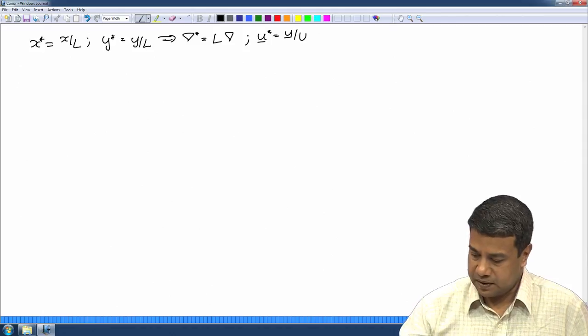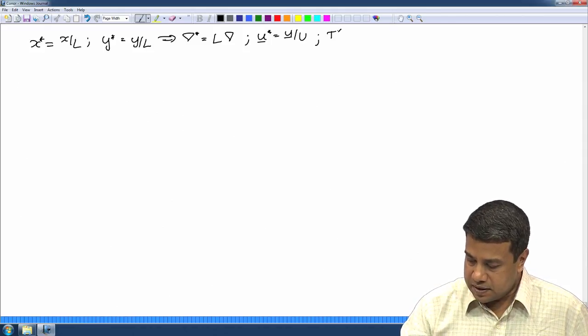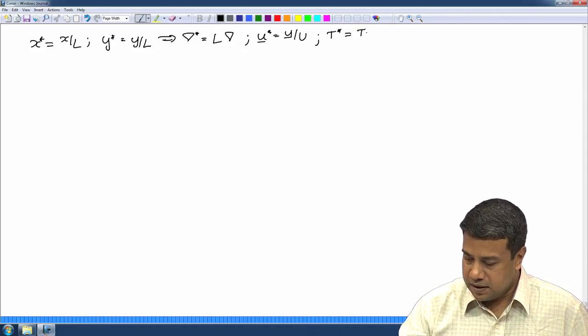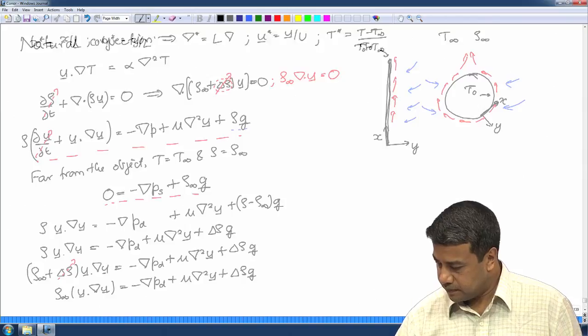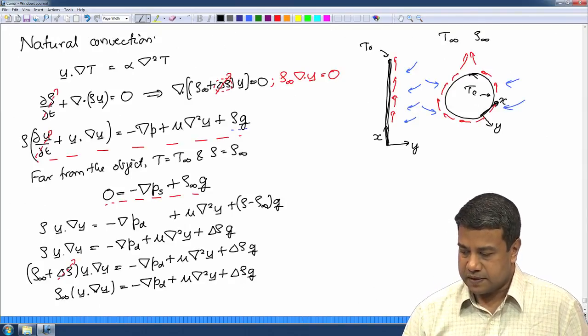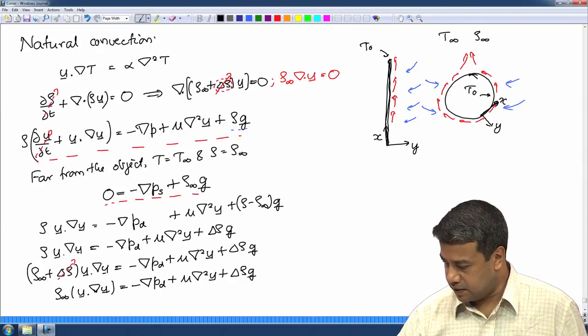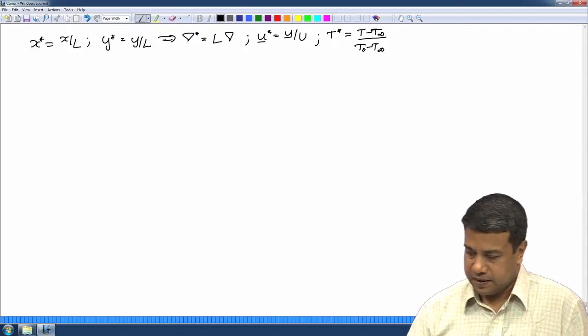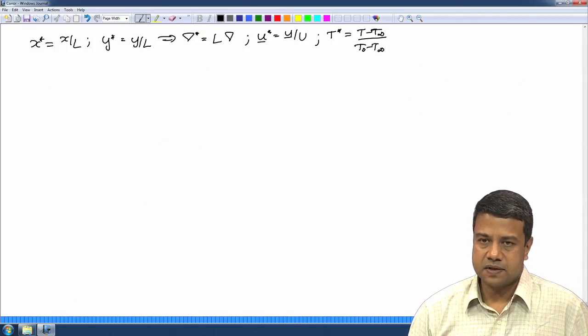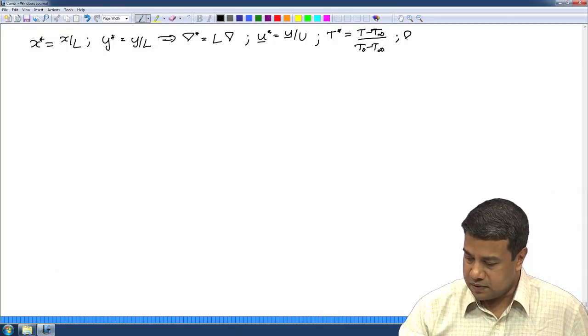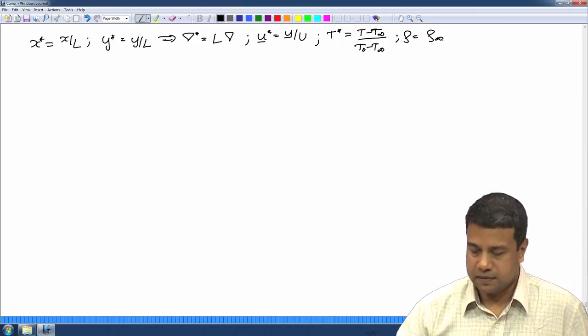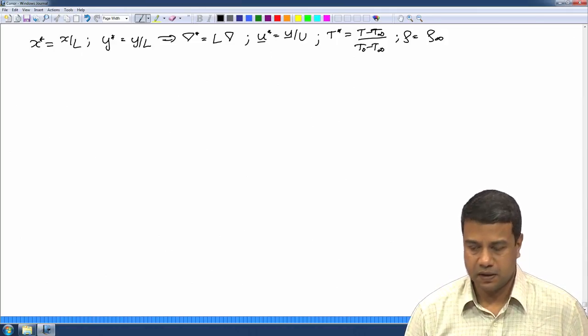T star, I can write it as T minus T infinity divided by T naught minus T infinity, where T naught was the temperature at the surface of the object, T infinity was far away. And the density of course is a constant. Rho is just equal to rho infinity. So, I can insert these into the governing equations.